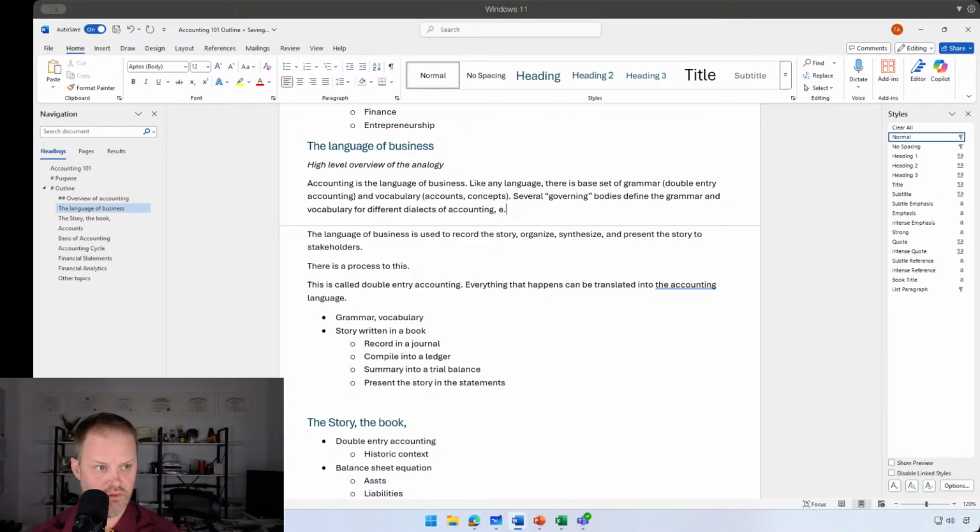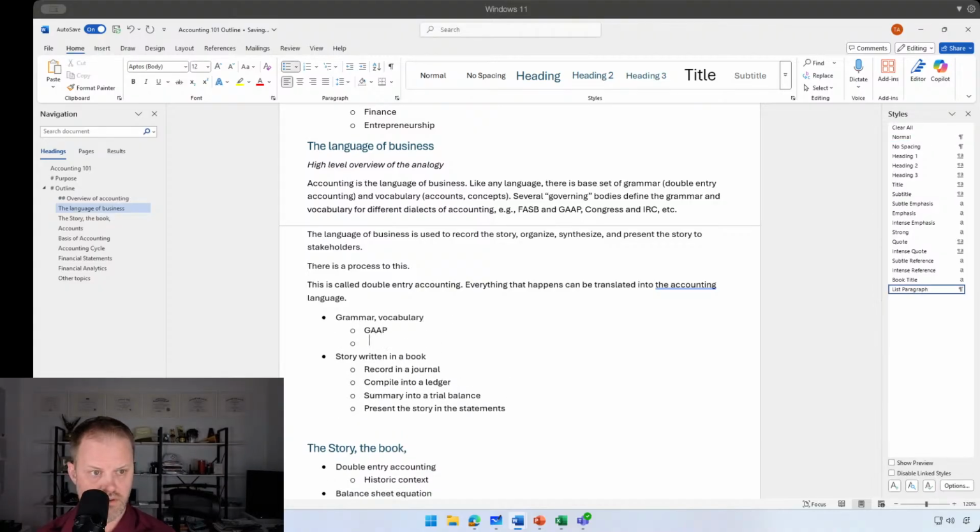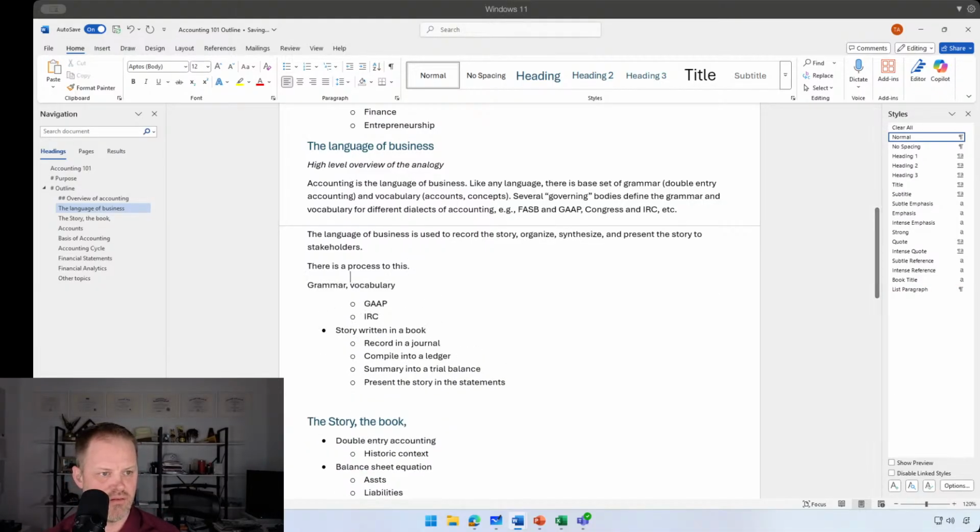For example, FASB and GAAP, Congress and the Internal Revenue Code. So then there's a process to this. So there's a process to creating the books.